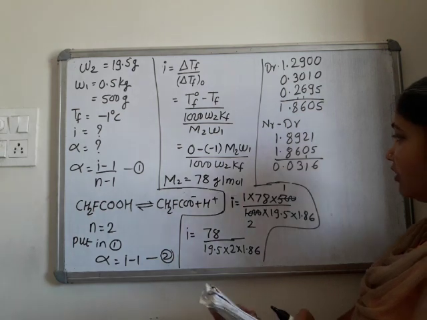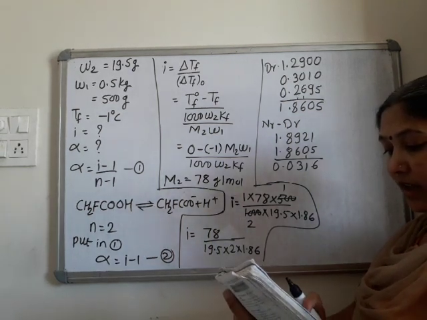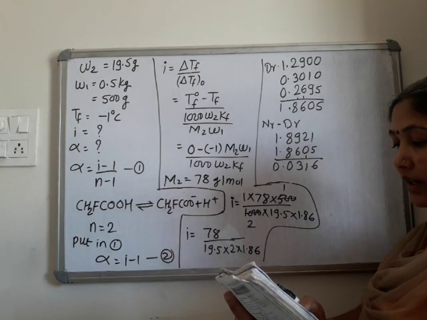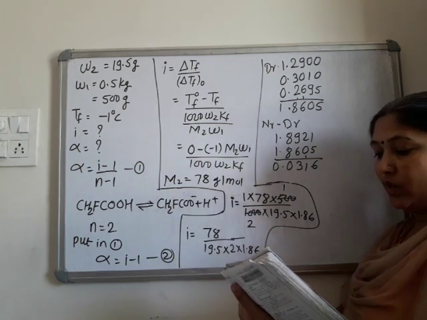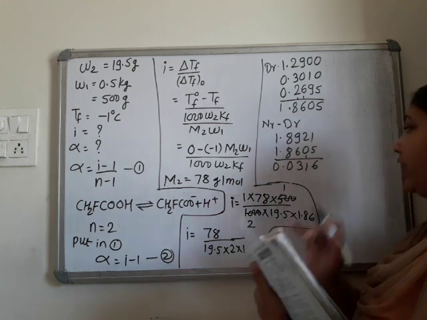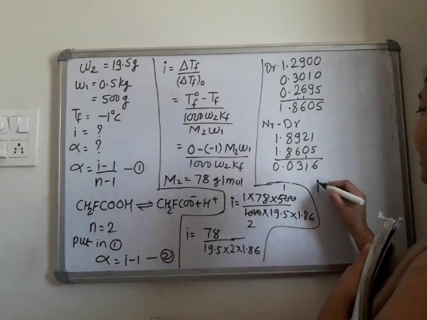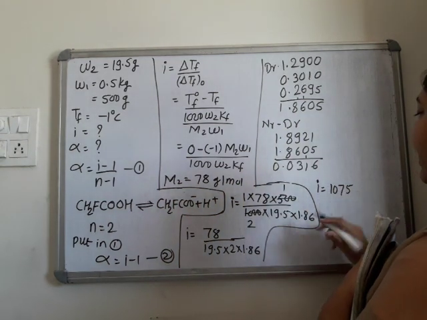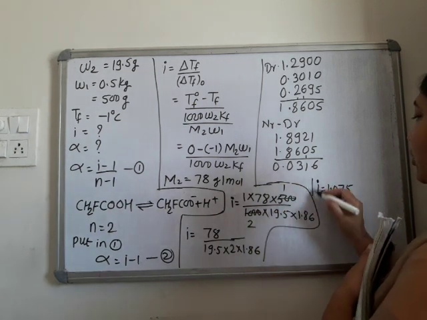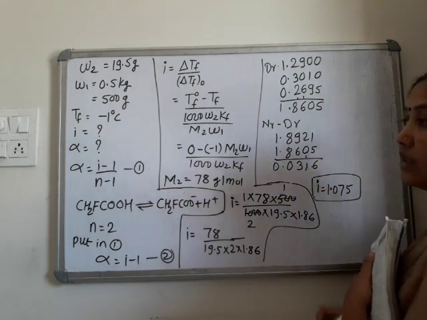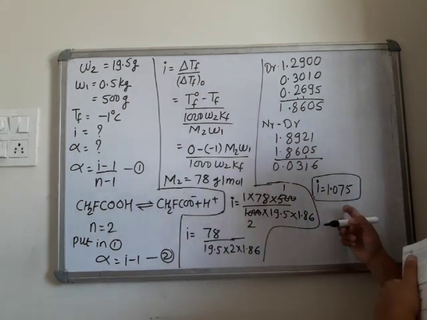See its antilog: 03 in 16. 03 in 1 and 6, 6 is how much? 1. 6 is 1 means 1075. So we get the value of i: 1075. Characteristic is 1 and 0. So the i value is 1.075.